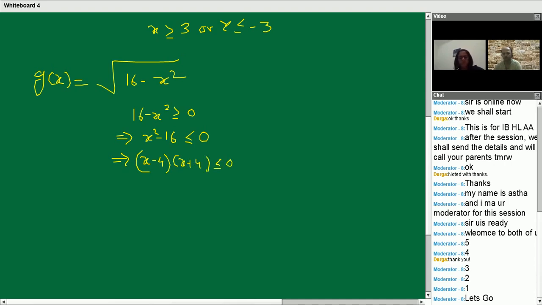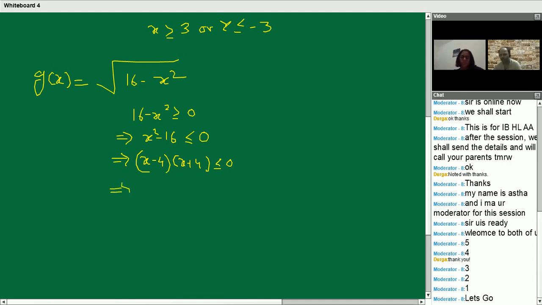So x minus 4 times x plus 4. So what would be the domain? x is more than negative 4 and less than 4, but equal to both of them.